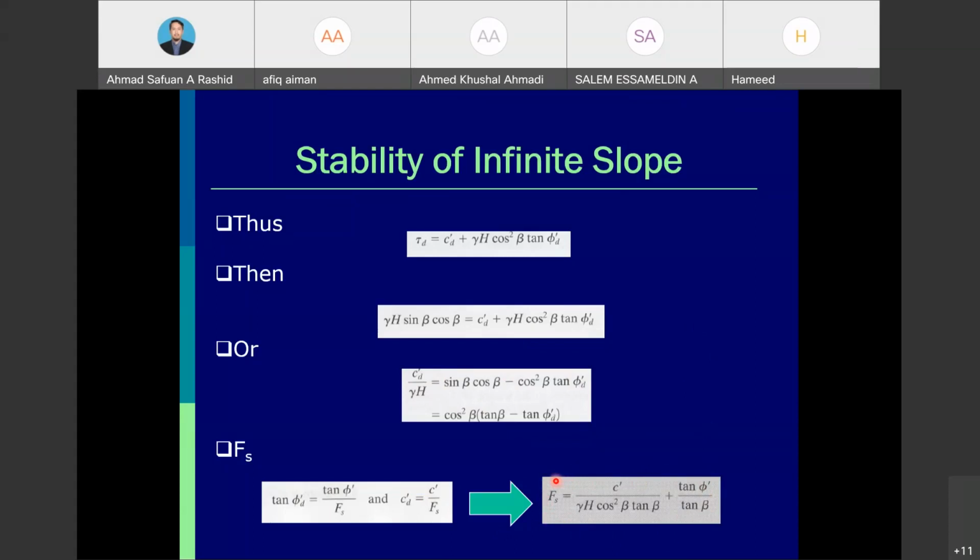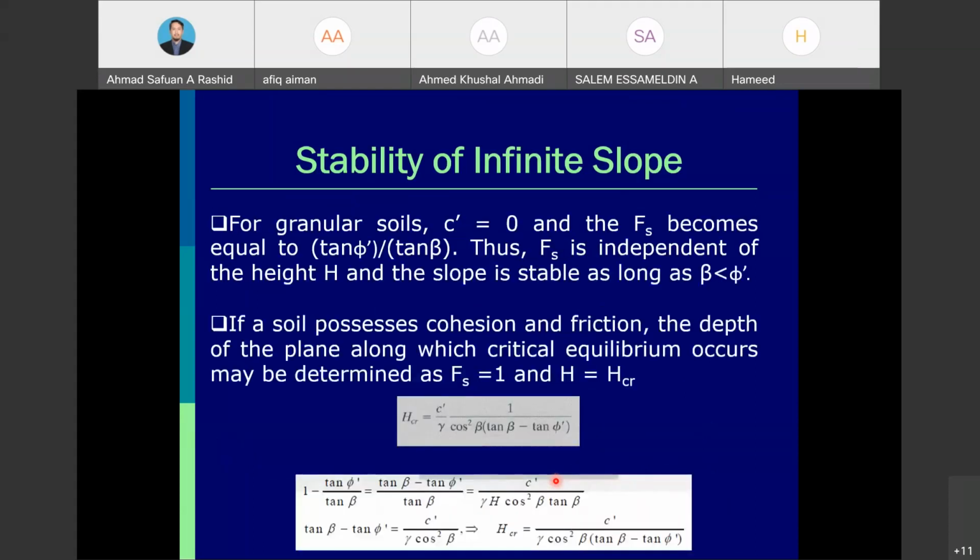So for granular soil, C equal to 0 and the Fs becomes equal to tangent phi over tangent beta. This Fs is independent of the height, and the slope is stable as long as beta is less than phi.